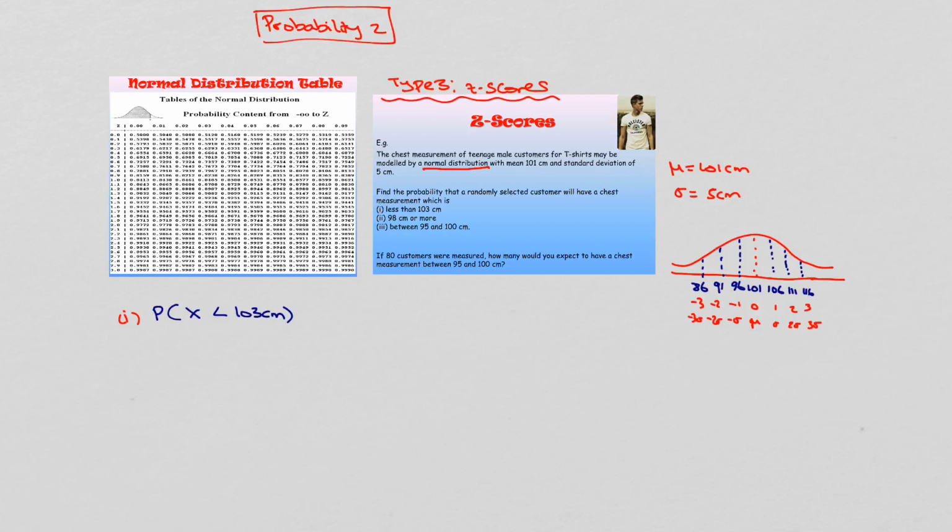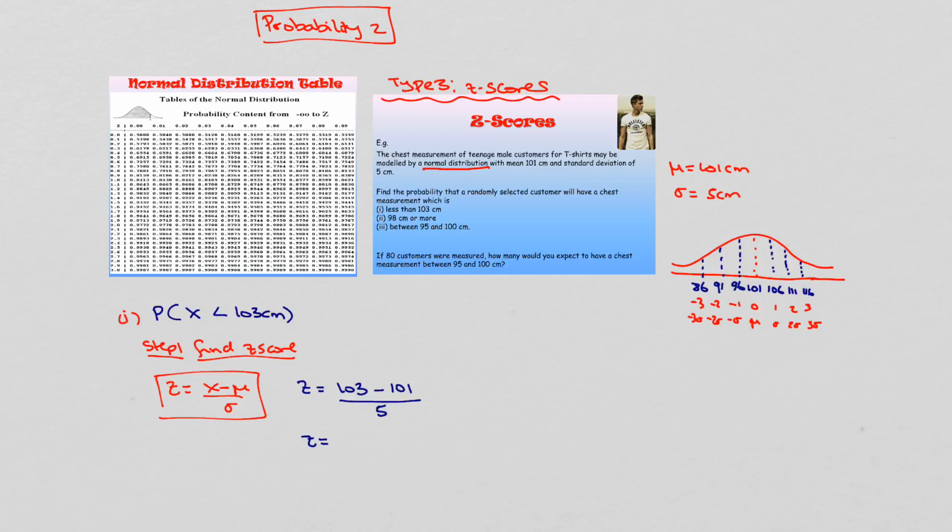So first we have to find the z-score, using the formula z is equal to x minus the mean over the standard deviation. Our x value is 103, minus the mean of 101, over the standard deviation of 5.